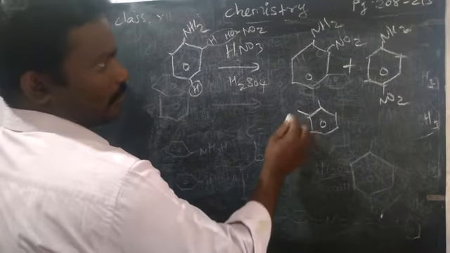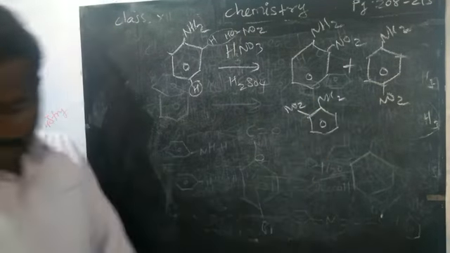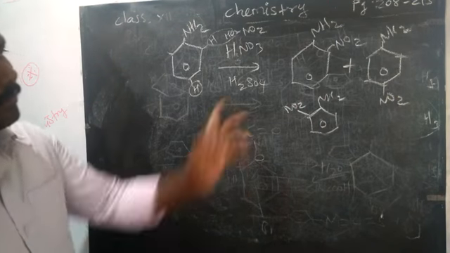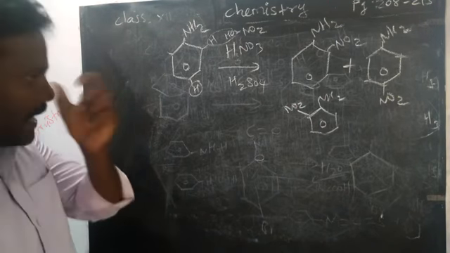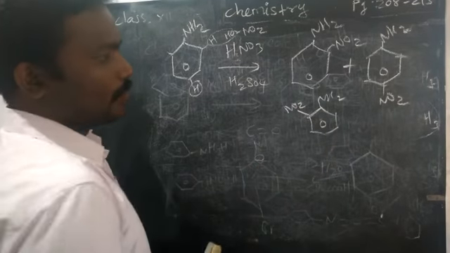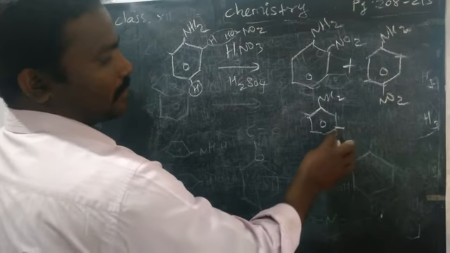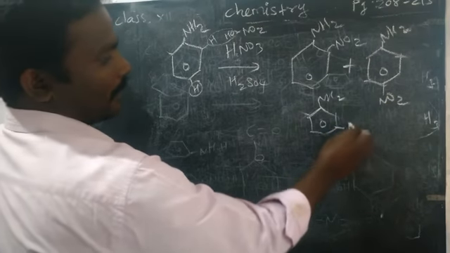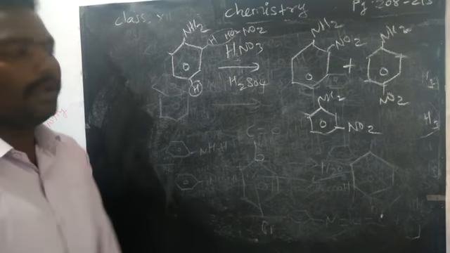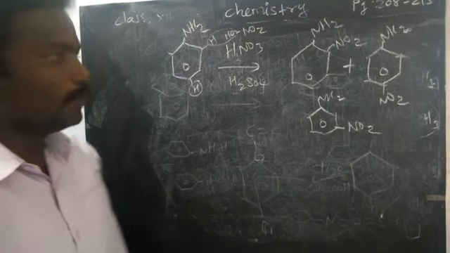So this also gives orthonitroaniline. So we can get orthonitroaniline as well as paranitroaniline. If you think of this, both are the same. So you can have meta substitution also. Here also you can add NO2. So at all three positions, ortho, para and meta, you can add the NO2.